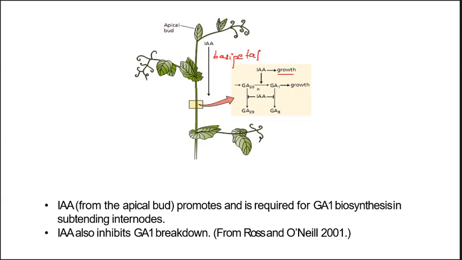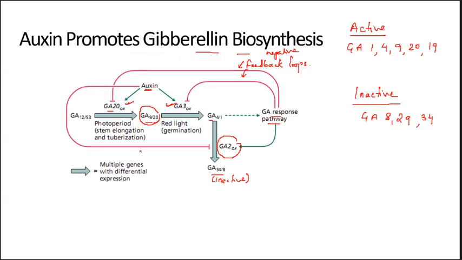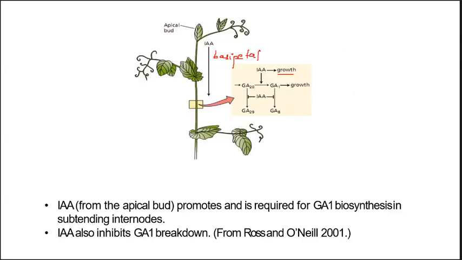IAA moves down, and here it helps in GA20 to GA1. GA20 to GA1 requires GA3 oxidase. Here I am giving a star mark, which says that auxin is activating GA3 oxidase.